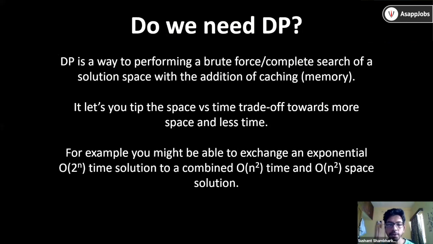For example, you might be able to exchange exponential complexity, like a tree that is growing exponentially. You can reduce the time complexity using some caching mechanism, from exponential to n squared. But you have to make a sacrifice in space. You have to use some space to store the results.